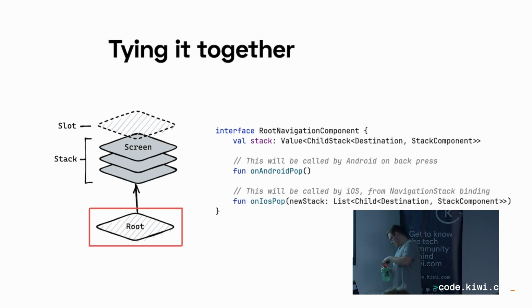At the start of your application, at the root of your navigation tree, you would have some kind of root component which holds the navigation stack and which allows you to create children on your navigation stack. By children, I mean other components. Everything in Decompose is a component.